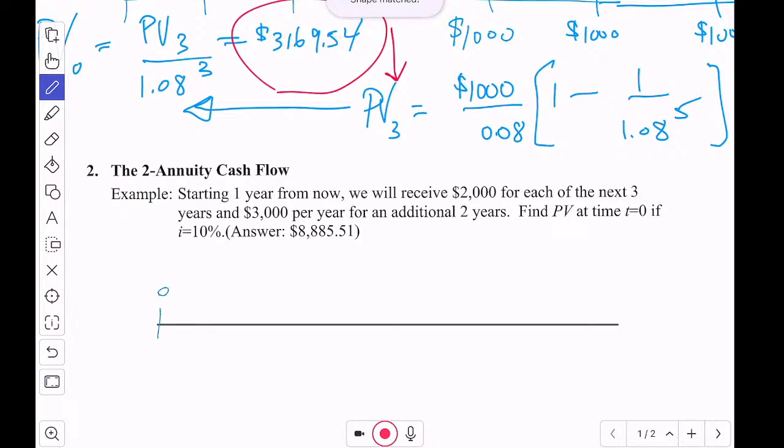And so this is what you should do until you get the hang of this. So it's going to be $2,000 for the next 3 years.